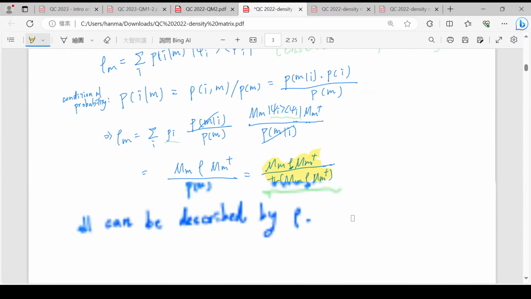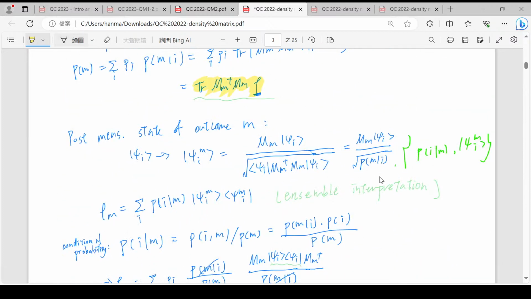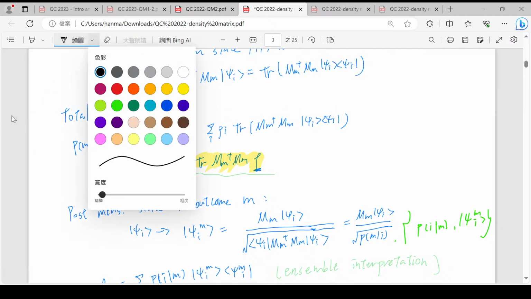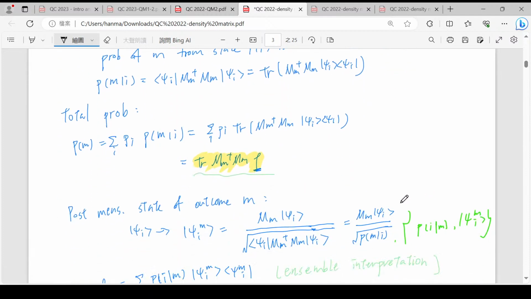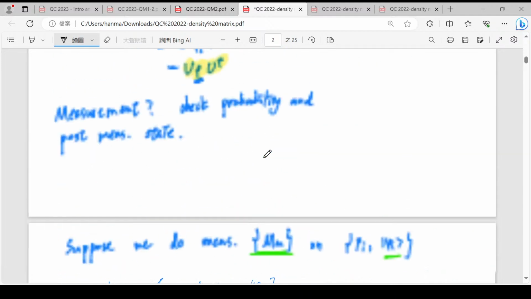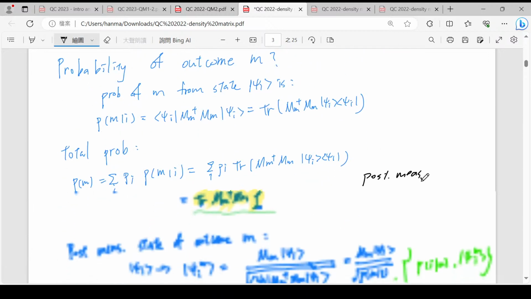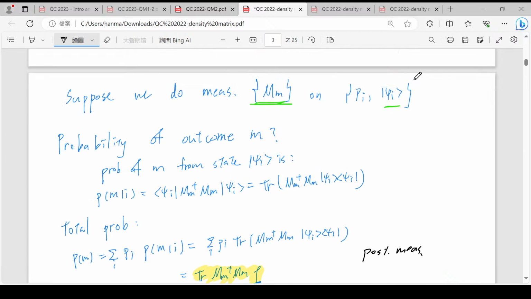We're almost over time, but I can write down one equation. Basically, you can memorize this through the post-measurement state. Rho gets evolved by a unitary to U rho U dagger. And the post-measurement state, when you have psi, becomes M psi.